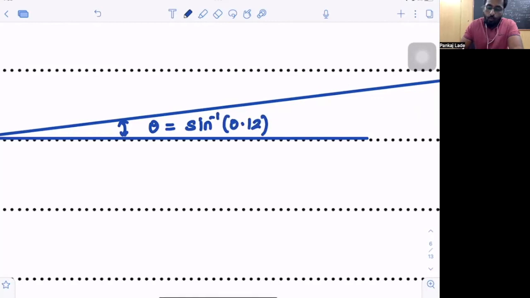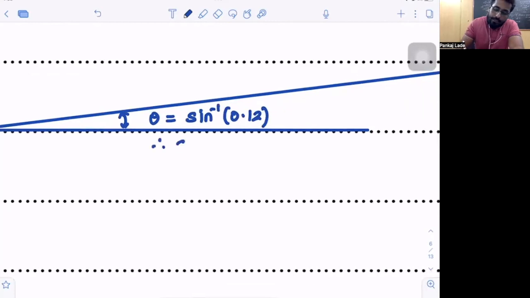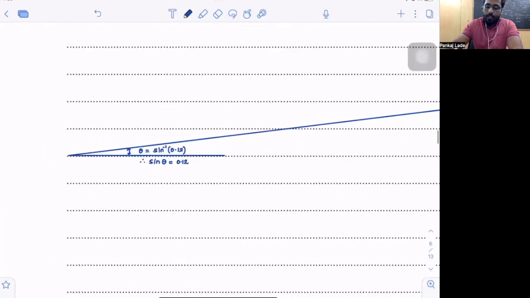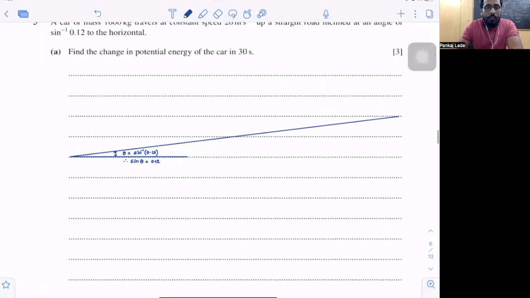That means I can say sine theta, since sine inverse goes on the other side, it changes its position. So sine theta becomes equal to 0.12. So this needs to be taken care of. I am pretty confident that the things that I've written are visible. So sine theta is 0.12.